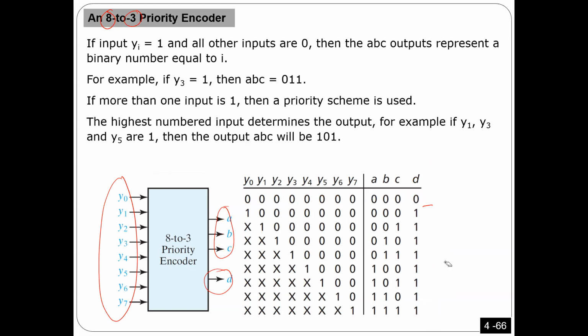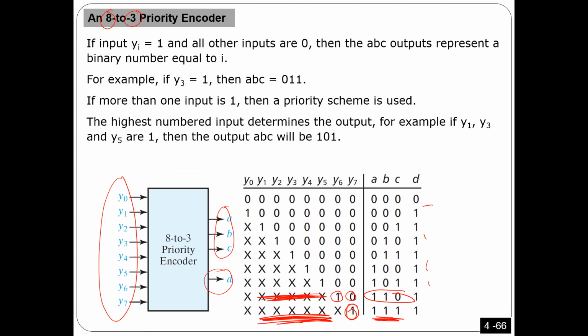Also the same thing here, guys. If this one is 1, regardless of whatever you have here, I have to get number 7. If this one is 1 and this one is 0, regardless of what you have here, I should get number 6, and so on. Anyway, you can continue the same way. Maybe it's going to be more complicated to do it, but you can use the same concept.